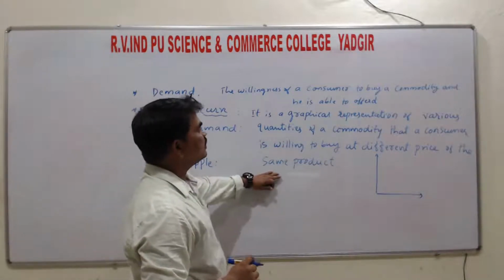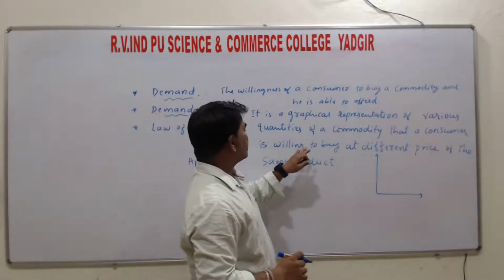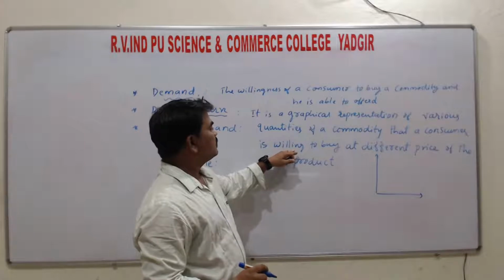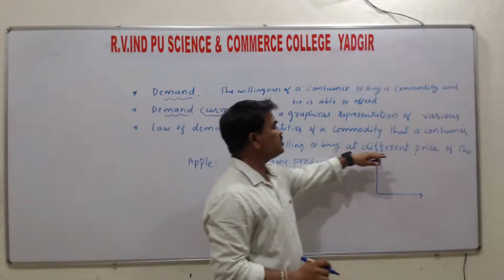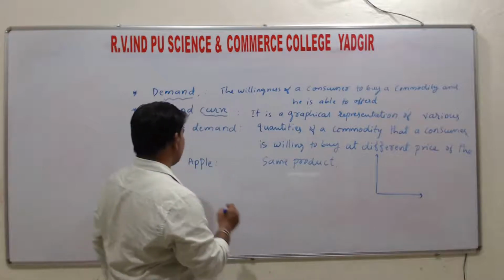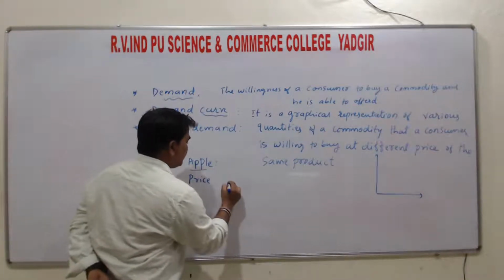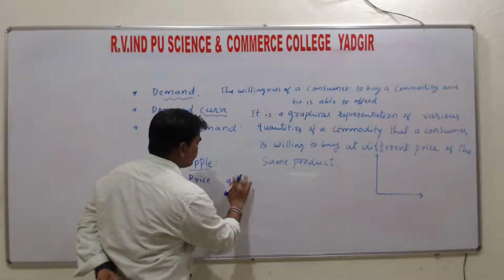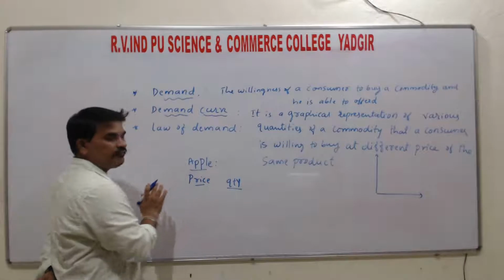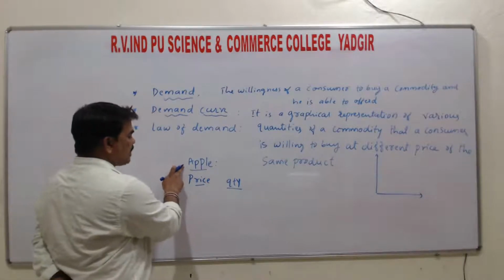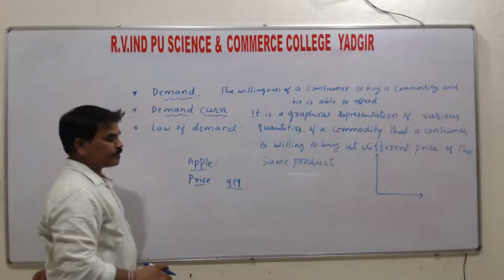Same commodity, we can represent the consumer's willingness, how much he wants to buy when there is a different price. It means the price here and quantity. So what is his willingness to buy this apple with respect to price?